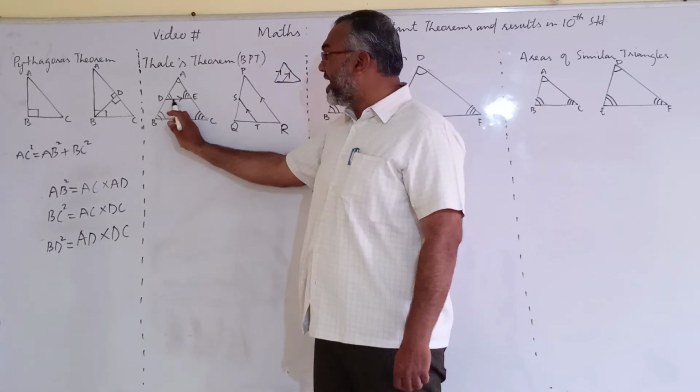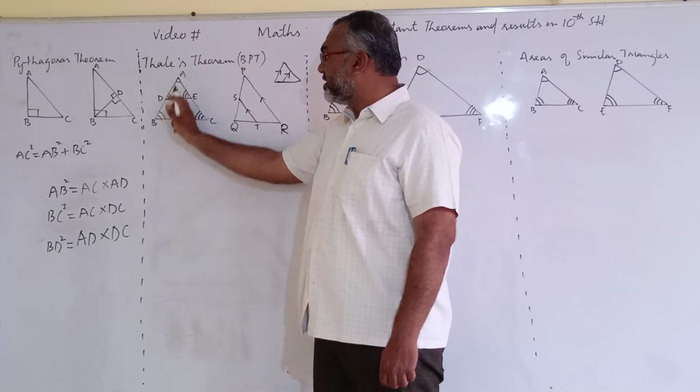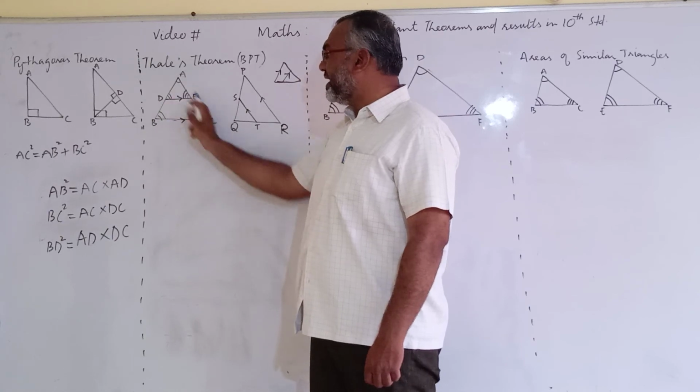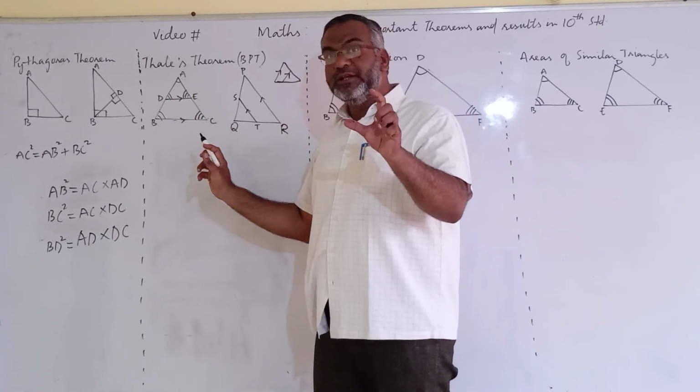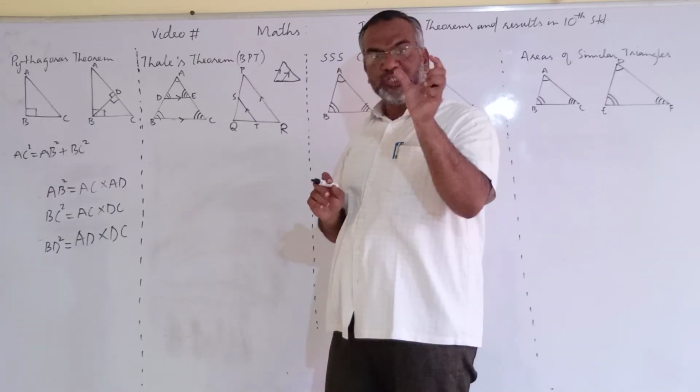Then because of this parallel line, the other two sides, AB and AC, get divided in proportion. The ratios will be equal.